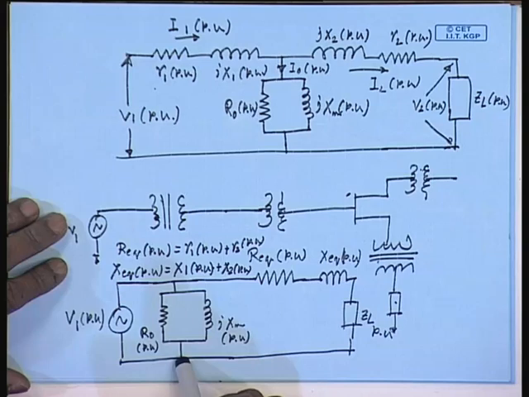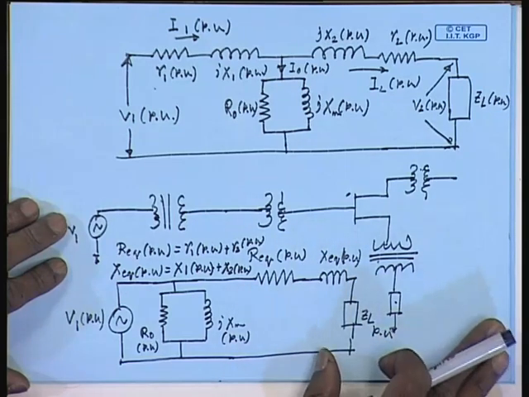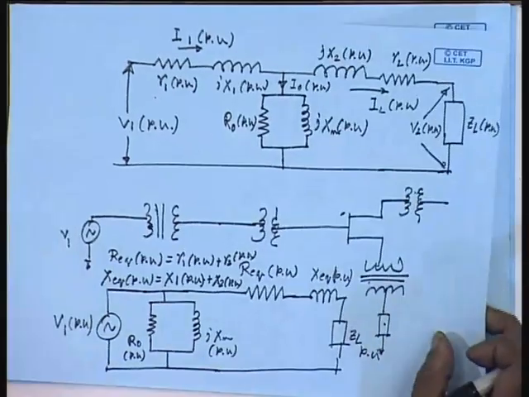One is the no load test, which finds out the shunt branch parameters R0 and Xm, which are connected across the source. So, these are called the shunt branch parameters. Similarly, a short circuit test finds out the approximate equivalent circuit parameters Req and Xeq, which are called the series branch parameters. We will see how these tests are done.